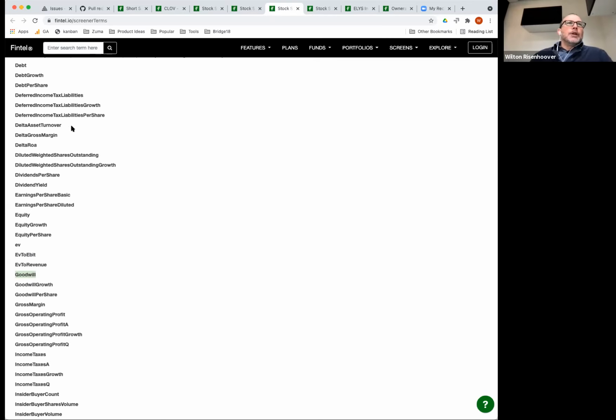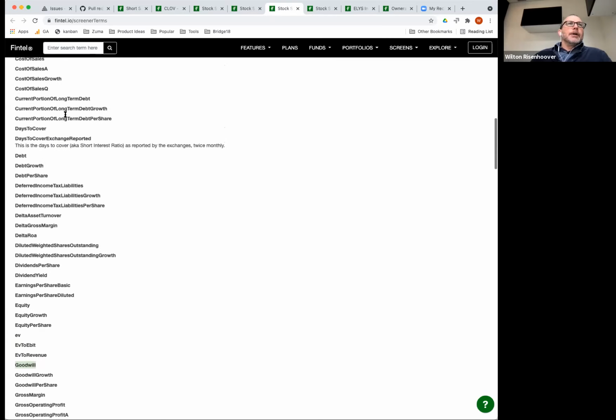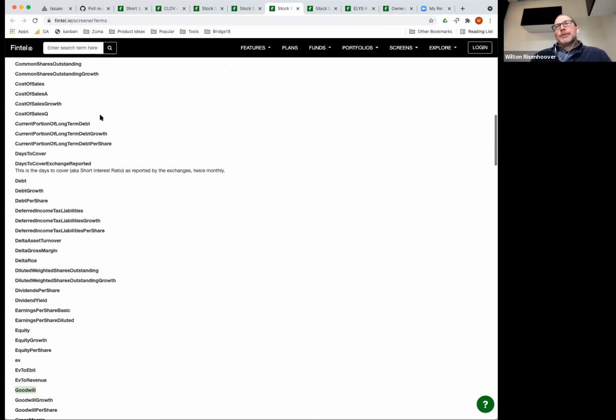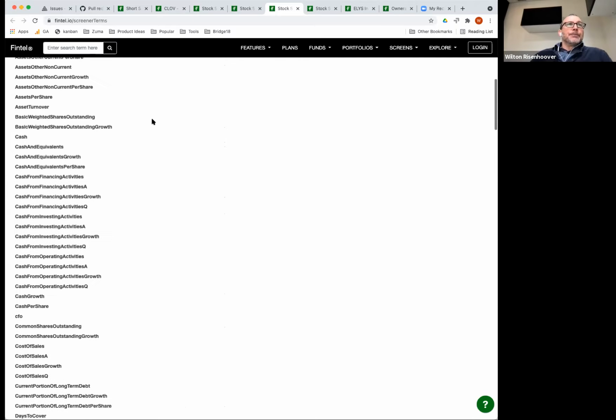So you're going to be able to do this not just in the United States, but we're going to add every major trading market. So we'll have Canada, the UK, Europe, Hong Kong, Japan, India, and so forth. We're in the process of adding that right now.